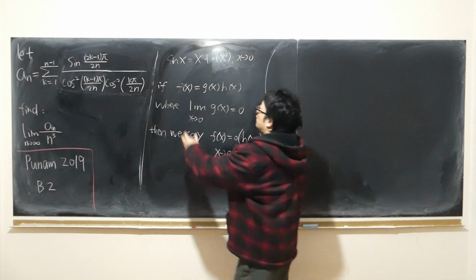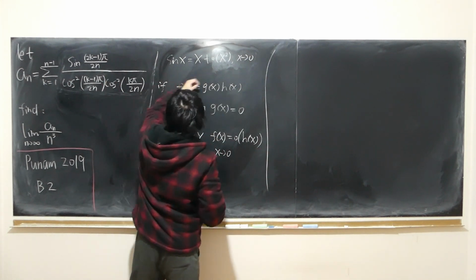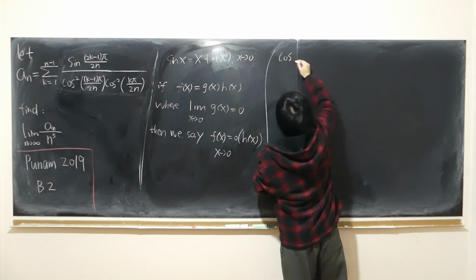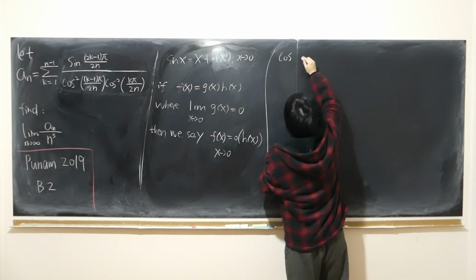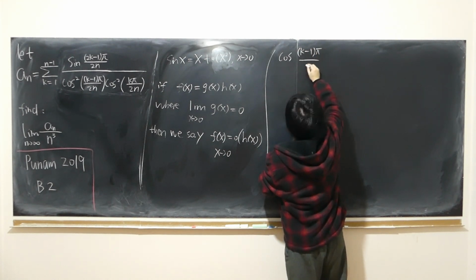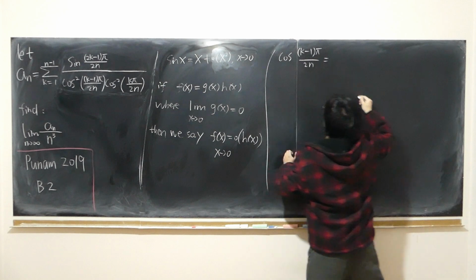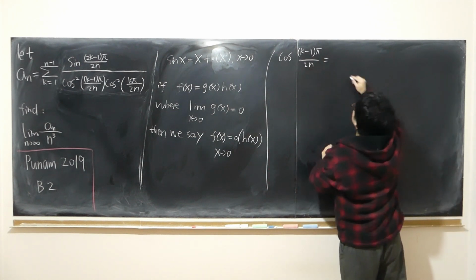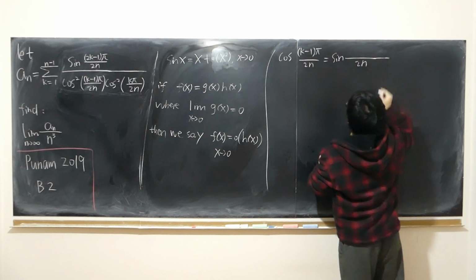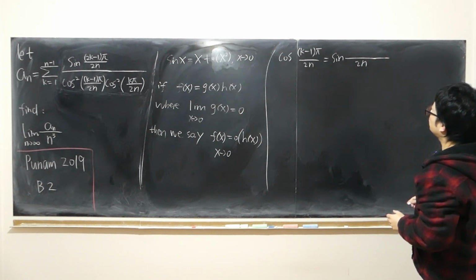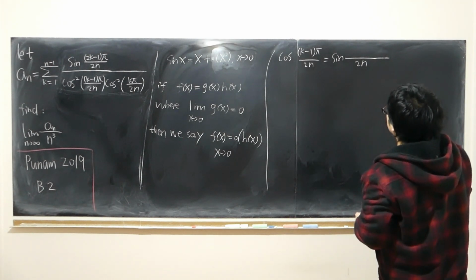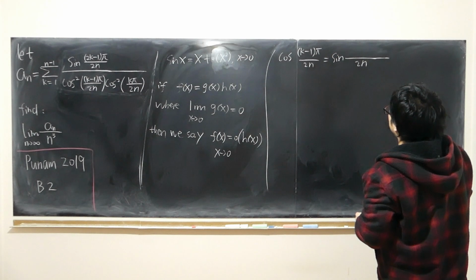So that's why, before we replace sine with x, we have to change cosine to sine. So for cosine, k minus 1 over 2n can be written into sine of half pi minus this, common denominator. All right, half pi, 2 pi over 2n, 2n pi over 2n.